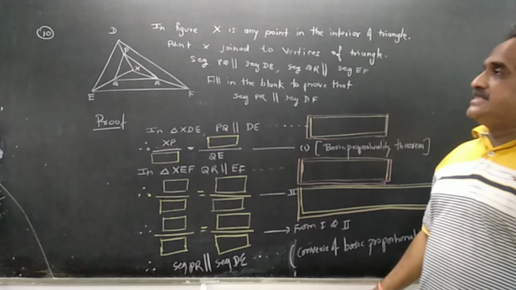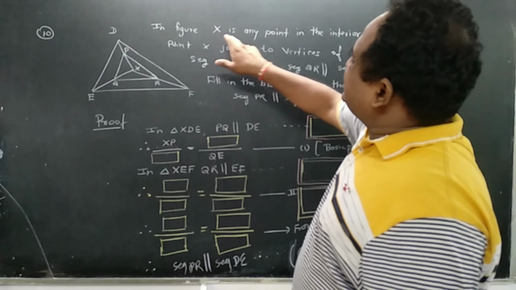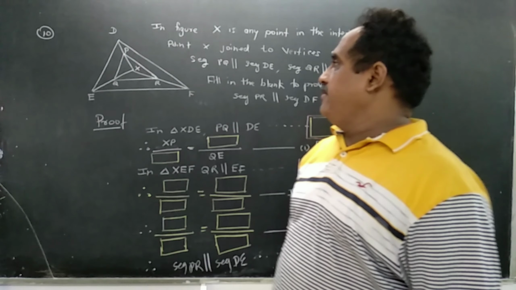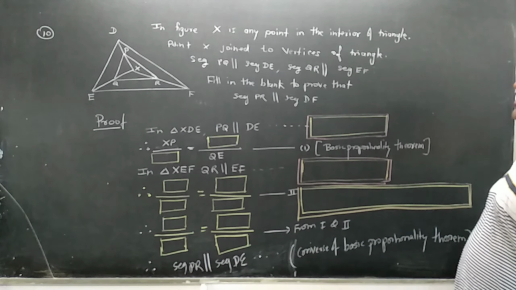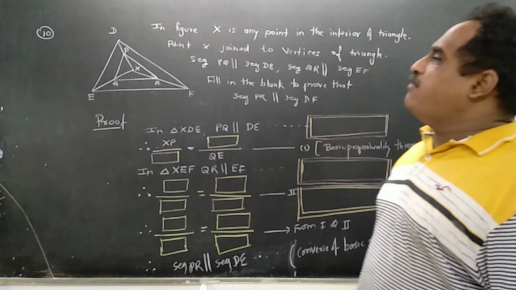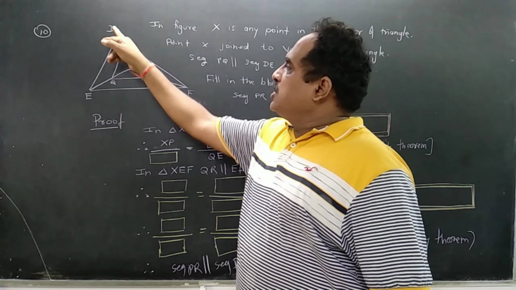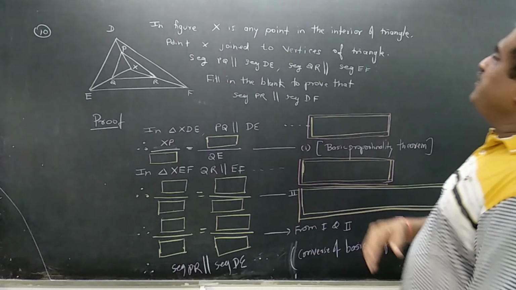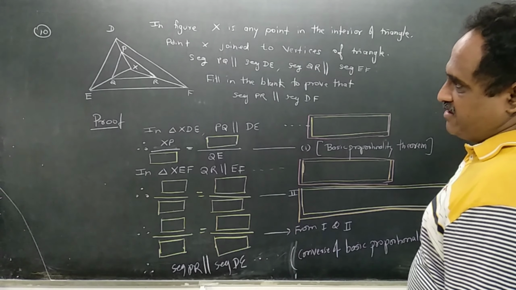Okay, so see now, they have given in the figure X is any point in the interior of triangle DEF. X is joined to the vertices. D, E, F are vertices. So XD, XE and XF are the segments joining X and the vertices of a triangle.